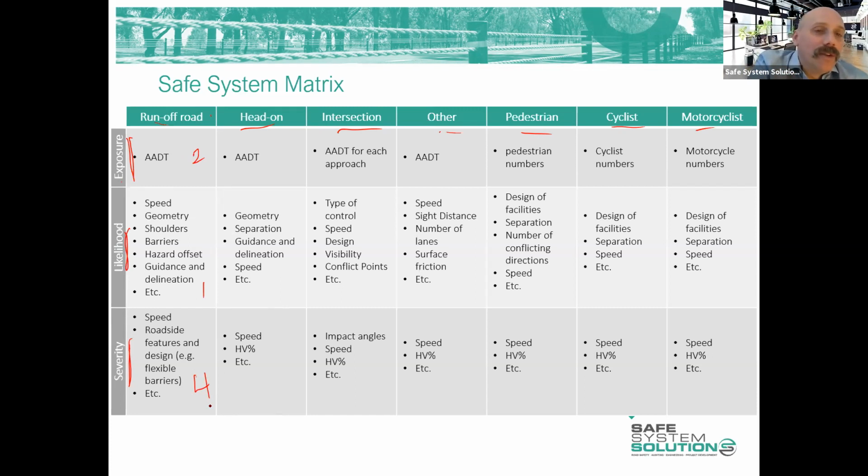I should say, I will explain how you get to numbers soon, but what I'm doing is showing how the matrix works. What you then do is multiply 2 by 1 by 4 to get a score for that crash type. And you do that for each of these crash types, and then you add them up.